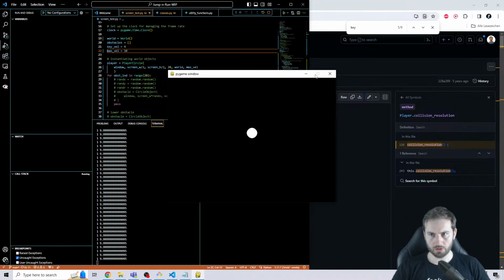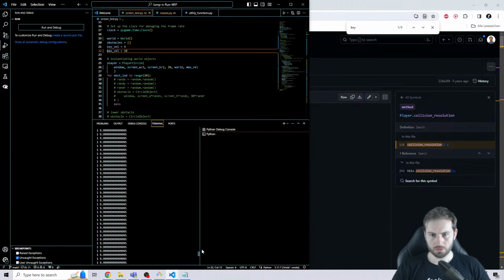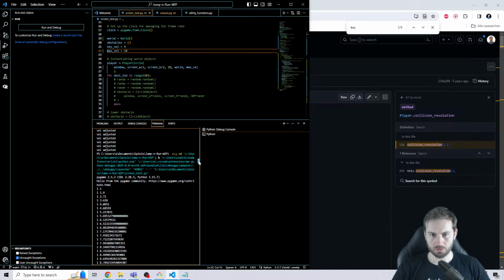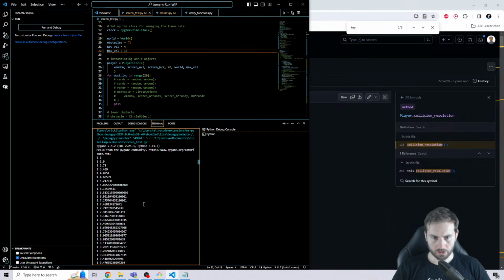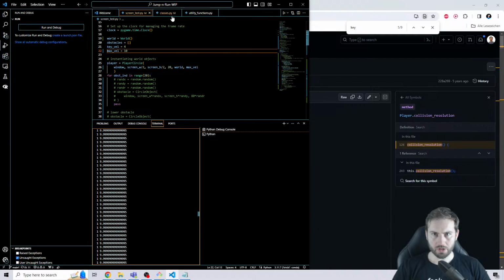It's not going higher than 10. There's some kind of cap here. Why is that?